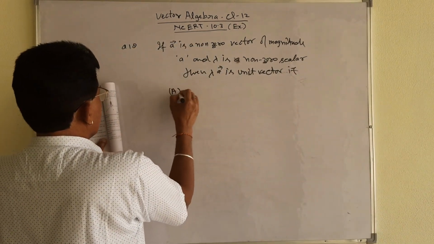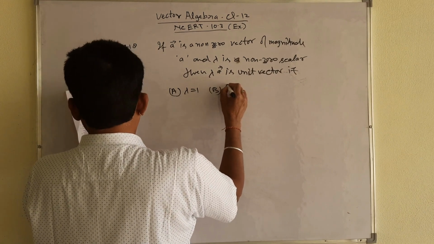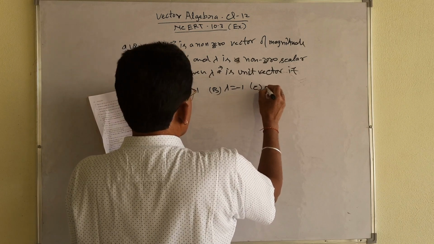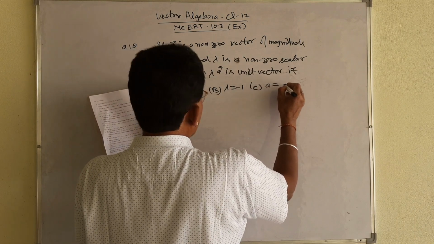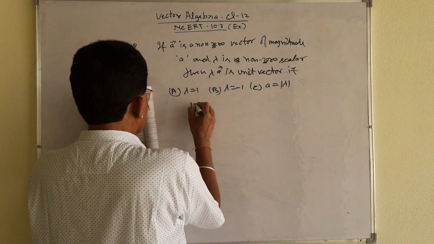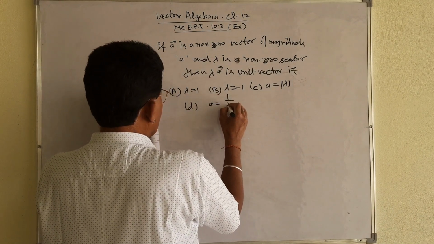A case, lambda is equal to 1. B case, lambda will be -1. C case, vector A is equal to magnitude of A. And D case, D is also there. A will be equal to 1 upon magnitude of lambda.